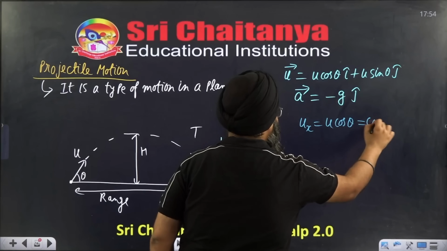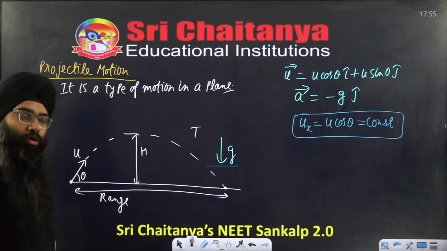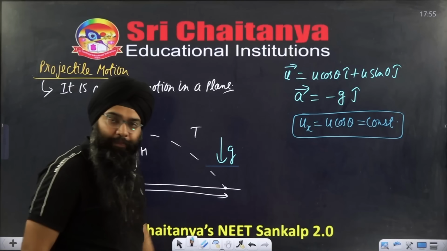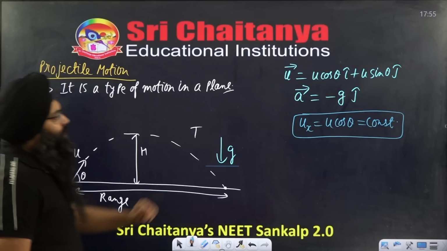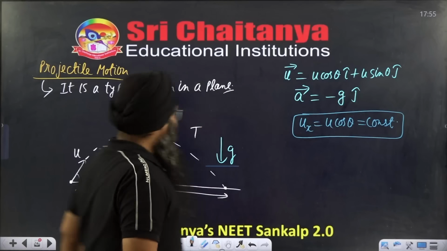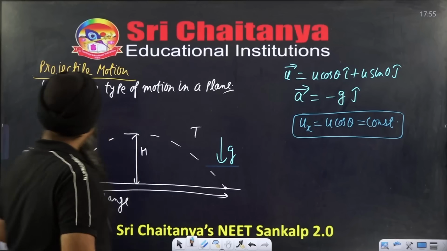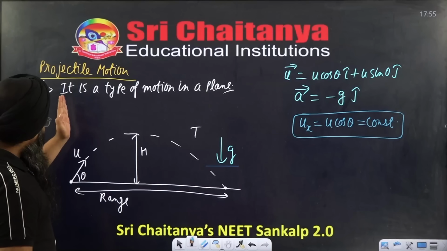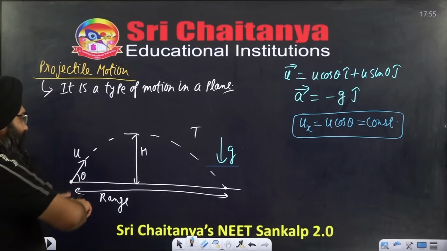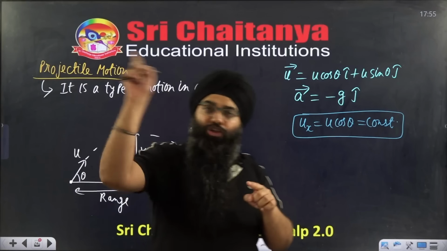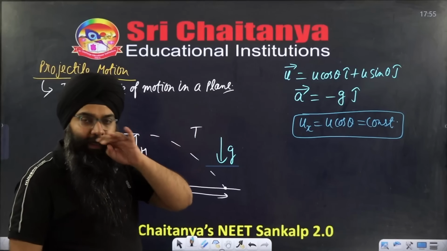But in the vertical direction, the velocity is u sin theta. So in the vertical direction, it will just behave like a normal 1D motion under gravity. The particle will go up, decrease its speed, then again come back to the same point. So vertically it is motion under gravity, which we discussed, and horizontal motion is a uniform motion with constant velocity.